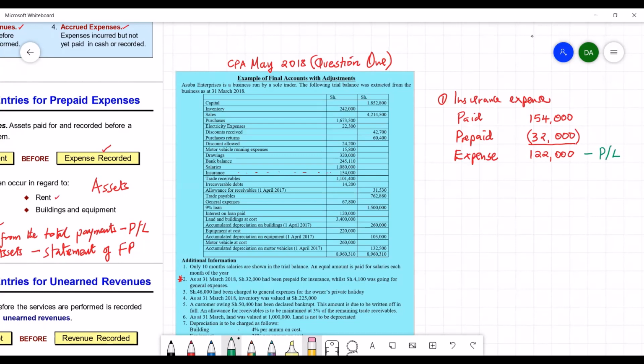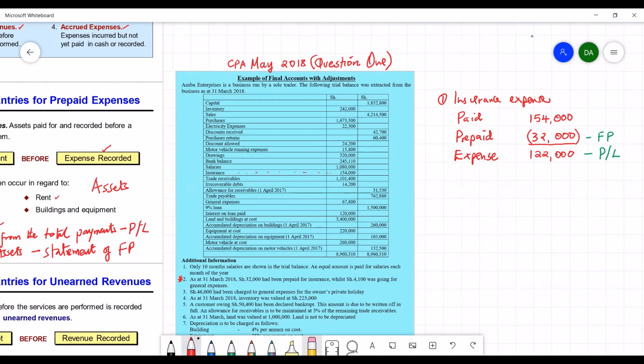The prepaid amount, which is 32,000, goes to the statement of financial position as current assets. That is for prepayments, and in this case, we have illustrated prepaid insurance.